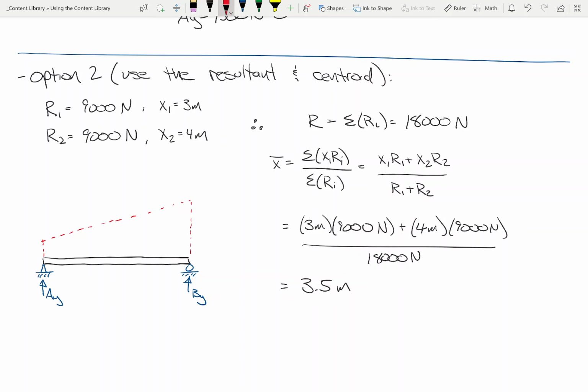And what I'm going to do is replace all of it with this, such that this distance is 3.5 meters.